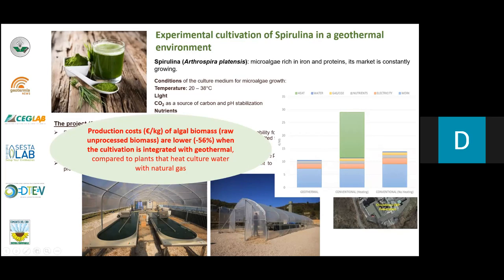As you can see, the use of geothermal heat and geothermal CO2 allows us to save the cost related to the heat and the cost related to the buying of the CO2, which usually is not free.